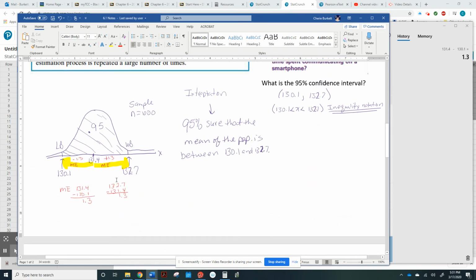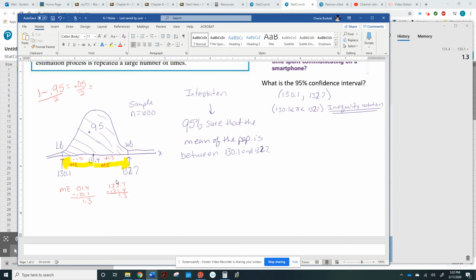Well, we already know that this is 95% of the area underneath that curve. So this right here and this right here together is 1 minus 0.95. So that's 0.05. That's 5%. But that 5% has got to be divided into two parts, the part over here and the part over here. So that's why we divide it by 2.